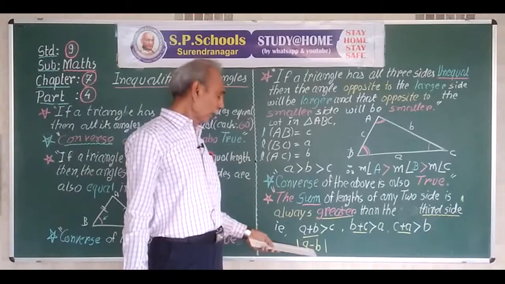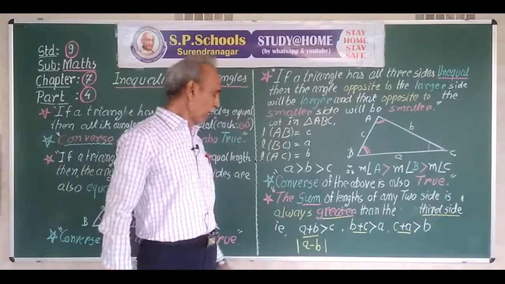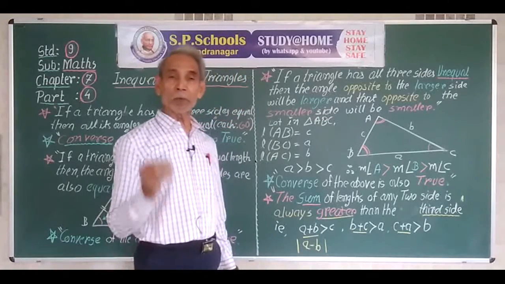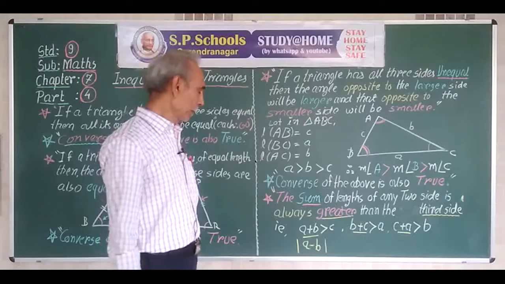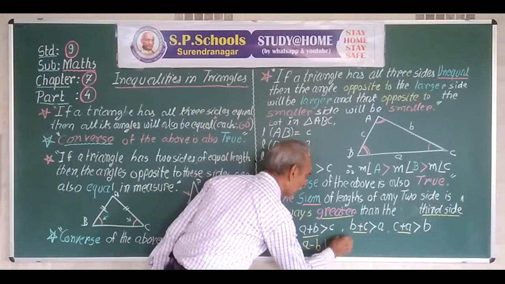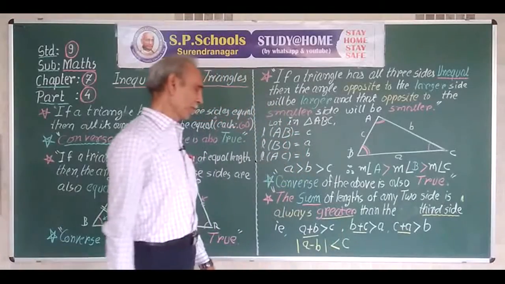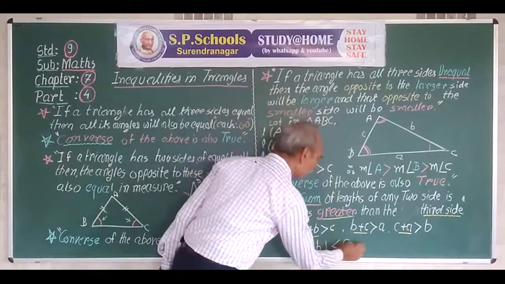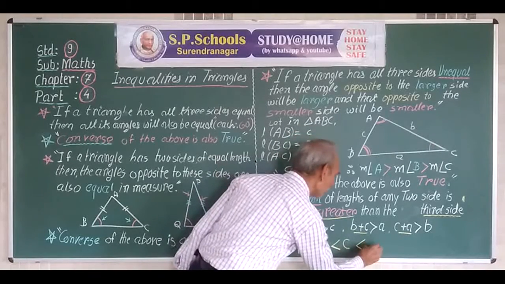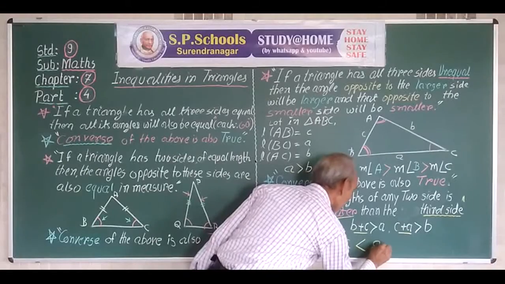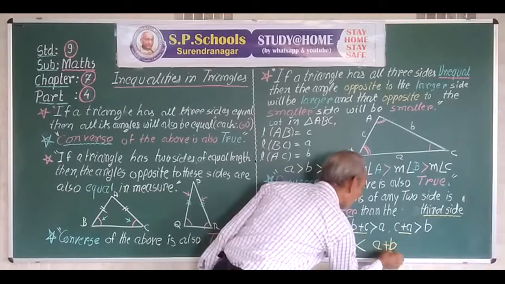If a is greater, this will be positive. If b is greater, then subtract b from a and take the positive value. It is always less than the third side c. And the third side c will always be less than a plus b.